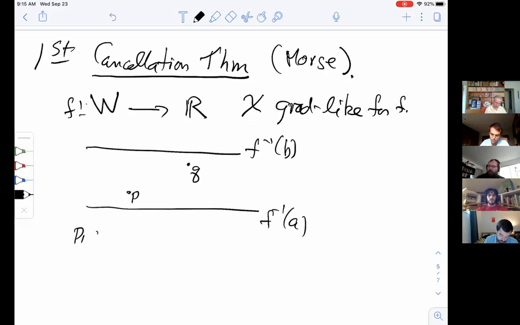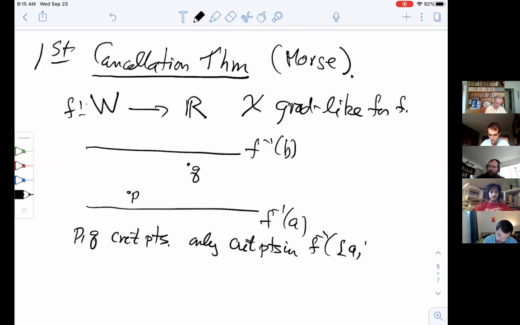So p and q are critical points, and they're the only critical points in f inverse of [a, b]. So this is a cobordism with exactly, if I cut it off at the bottom at a and the top at b, this is a cobordism with exactly 2 critical points.